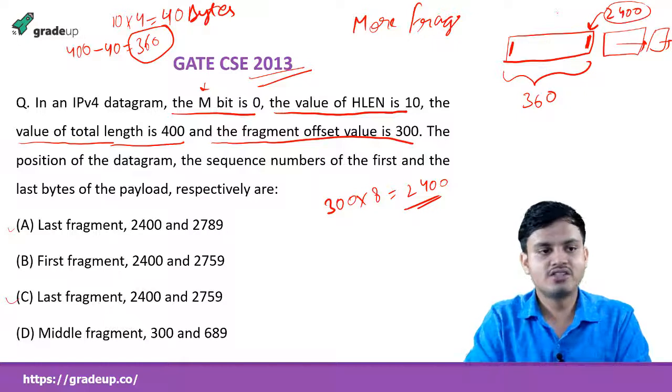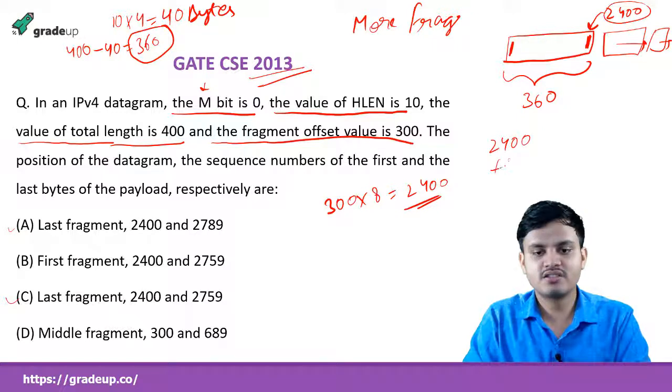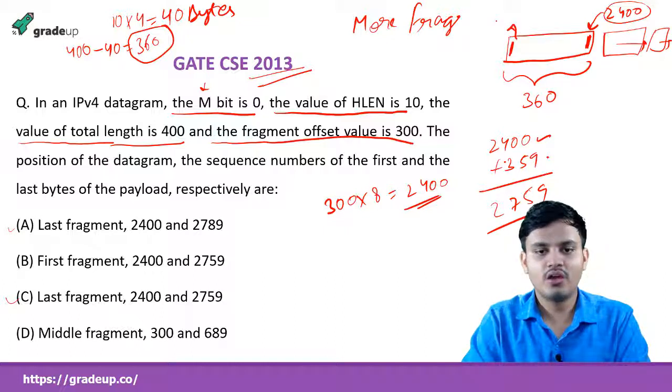And the length is 360. So if you add 2400 plus 359, not 360, because the count starts at 1, this will be the last byte, and you will get 2759. What is the right answer? Option C is the right answer.